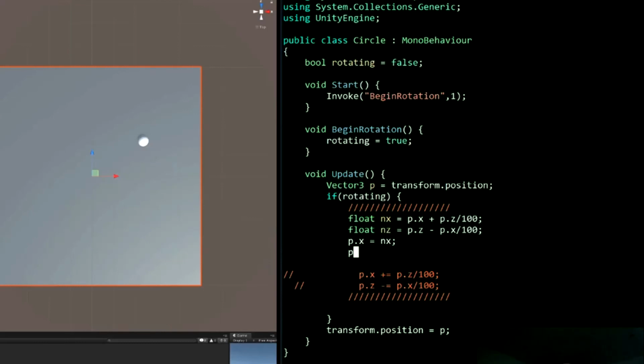Now what I can do is say p dot x equals the new x and p dot z equals the new z. So I'm making sure that both of these calculations work on the previous values of x and z, px and pz, instead of what I did here, which is kind of a classic bug when processing these things. It's the kind of mistake that's often made.